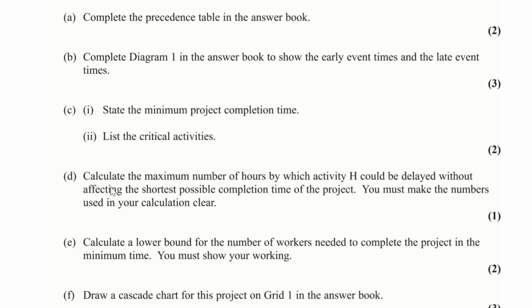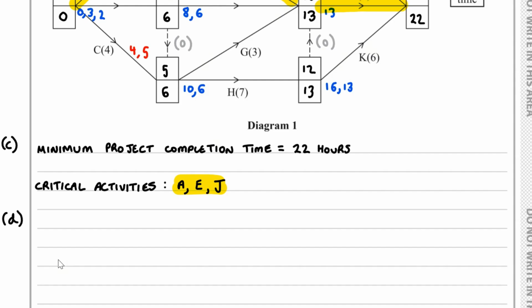For part D of the question, you have to calculate the maximum number of hours by which activity H could be delayed without affecting the shortest possible completion time of the project. You must make the numbers used in your calculation clear. So for part D, we need to calculate the float of H. So for the float, we've got the late event time, which is 13.